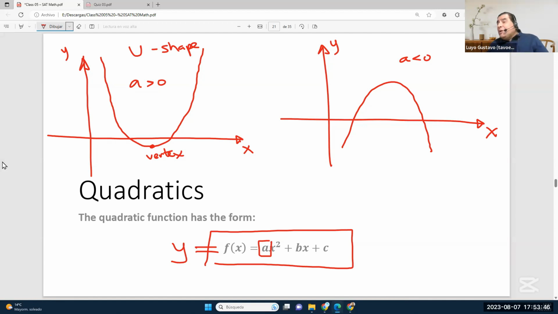For example, the value of C is exactly the value where the parabola cuts or intercepts the vertical axis. For example, imagine this. Imagine something like this.